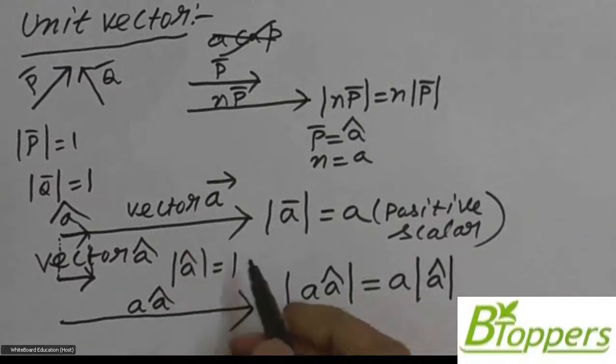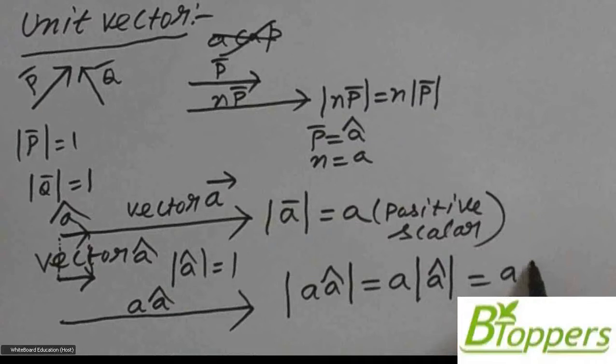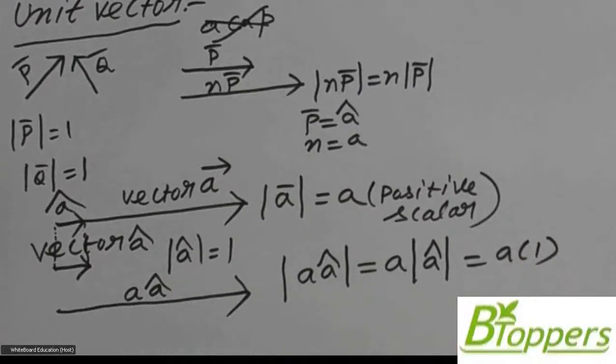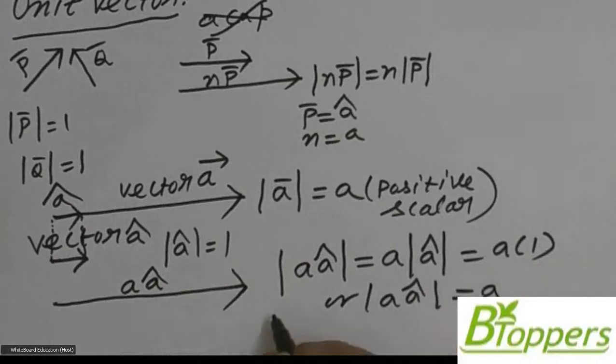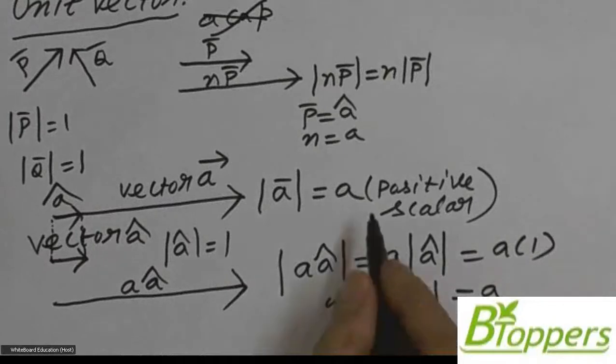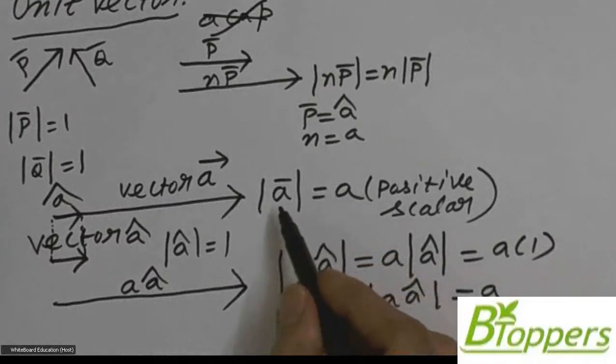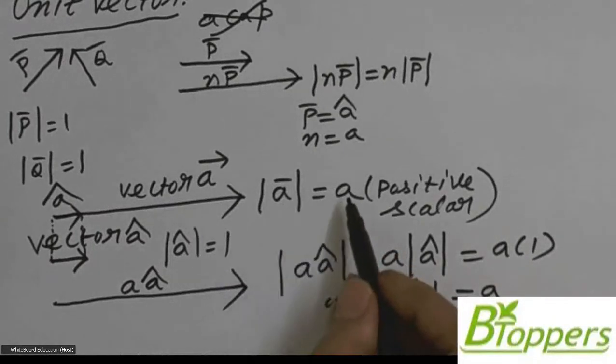From the definition, the modulus of A cap is 1. Therefore, the modulus of this vector is equal to A, which means the modulus of this vector is the same as the modulus of vector A bar.